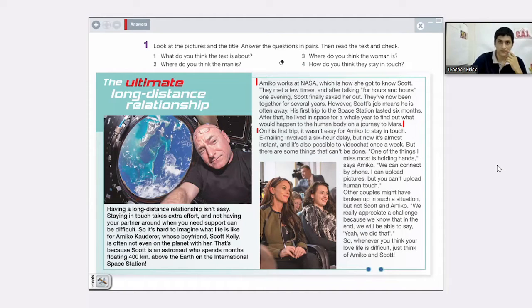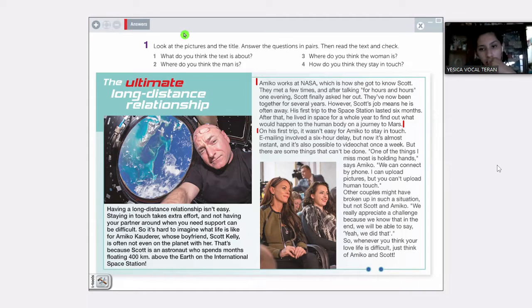Amico works at NASA, which is how she got to know Scott. They met a few times, and after talking for hours and hours one evening, Scott finally asked her out. They've now been together for several years.